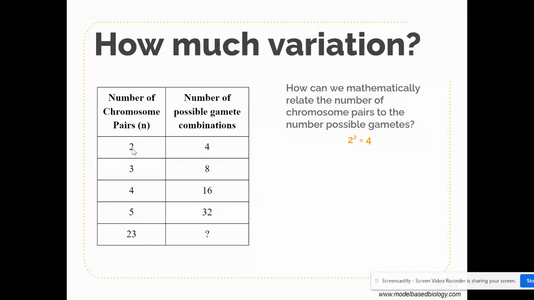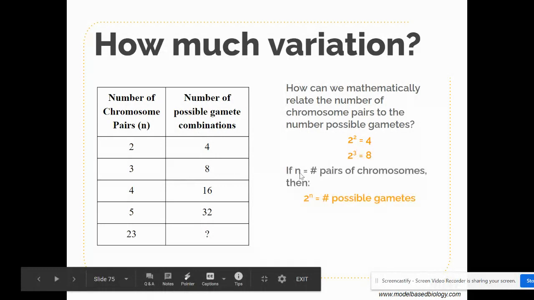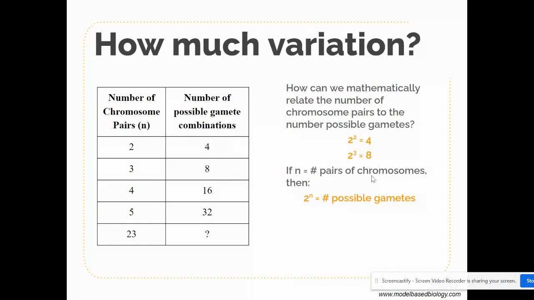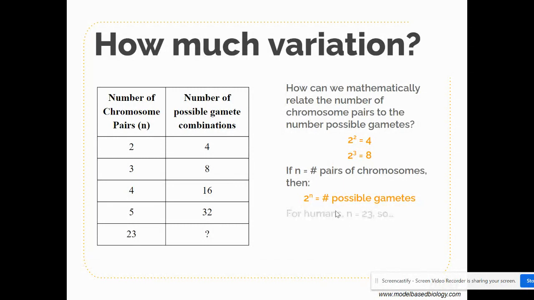If you look here, the higher the number of chromosomes, the higher the number of possible gamete combinations. So if n equals the number of pairs of chromosomes, then 2^n equals the number of possible gametes.